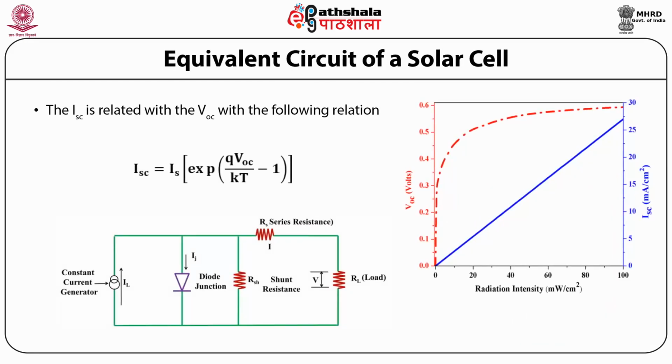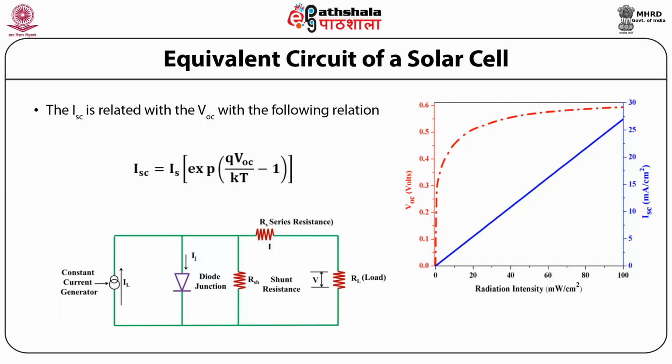Therefore, the expression for the minimum value of IS in terms of the band gap can be written as IS is equal to 1.5 multiplied by 10 to the power 5 exponential of minus Eg by kT ampere per centimeter square.